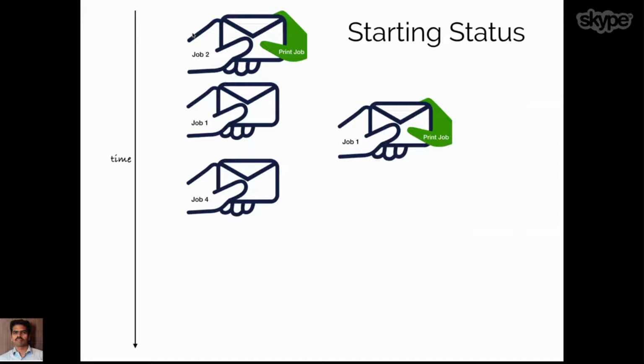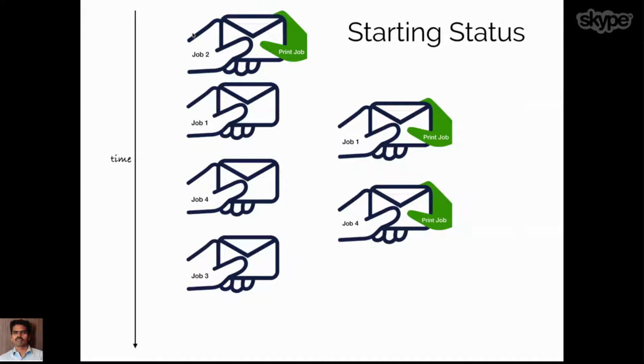Meanwhile, job 4 and job 3 have been started, and after job 1, the print job picks the message from job 4 and prints it, and then does the same for job 3. So that is with respect to the starting status. For completion, we have the liberty now, since all the jobs are going to complete in different time spans.